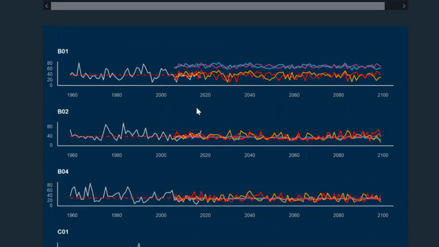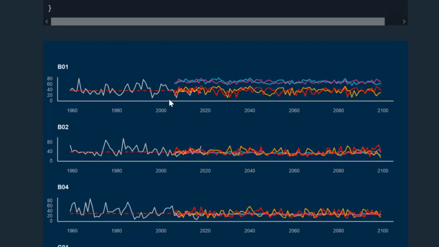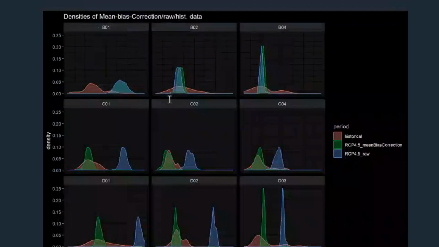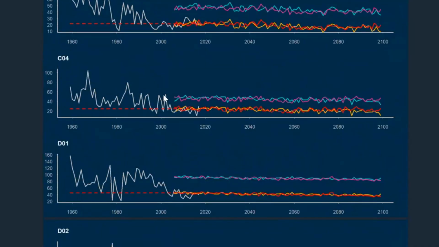And one thing to say also here is that you have quite some different variance in the historical record, right? So one thing was, okay, should I really match the variance of the RCP scenarios to the variance of the whole record, or should I just use the overlapping period?